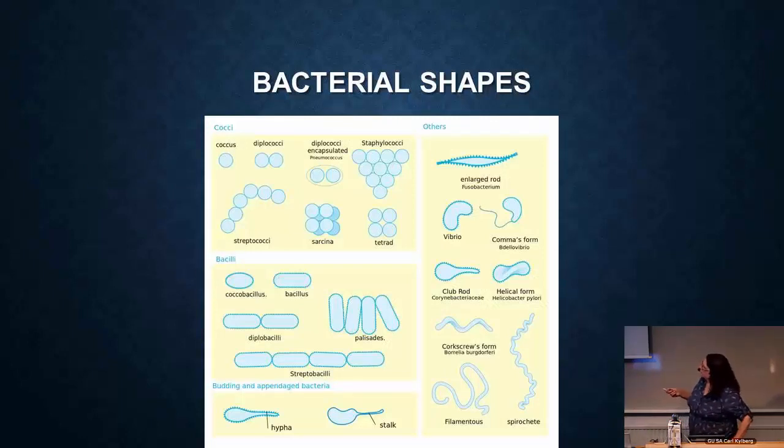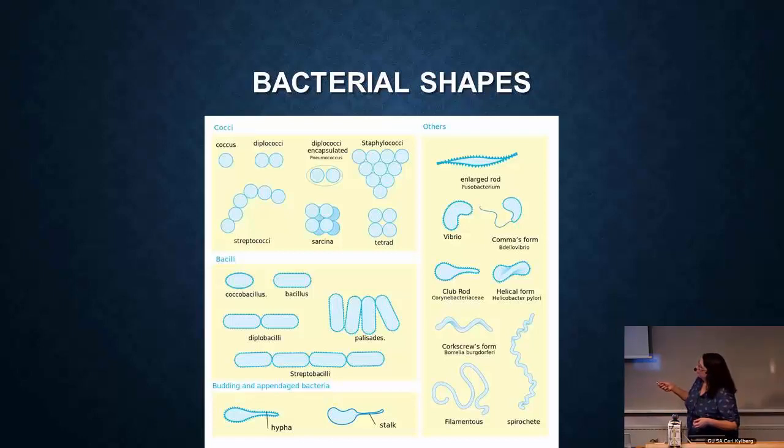Bacteria come in lots of different shapes. A couple that I want to point out, bacteria that are round like this are known as cocci. And they can be alone like this, or you can have 2 that are kind of stuck together. And some species almost always look stuck together. And those are called diplococci.